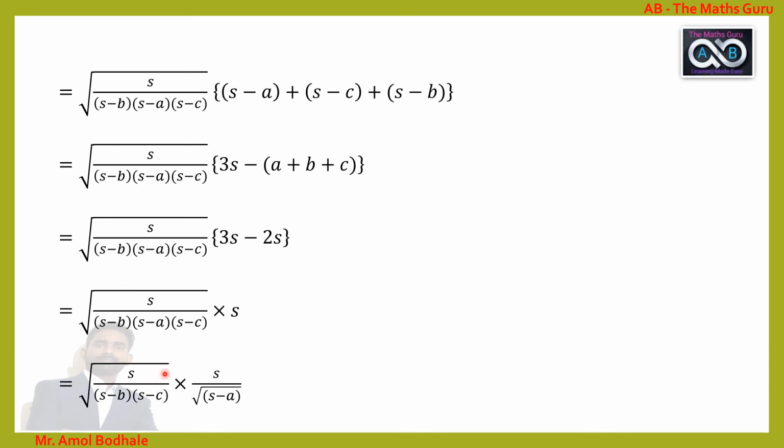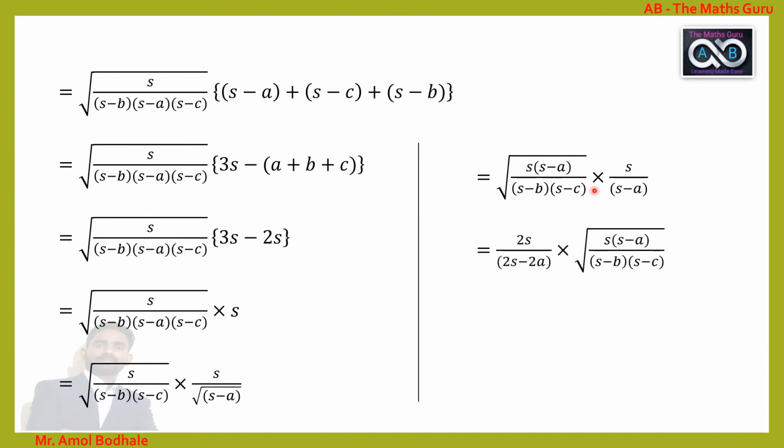If we multiply and divide by square root of s minus a, we will get s into s minus a upon s minus b, s minus c, and from the denominator square root will cancel, s upon s minus a. So this term is exactly cot of A by 2 as our required term.